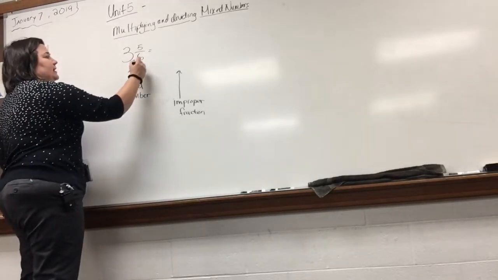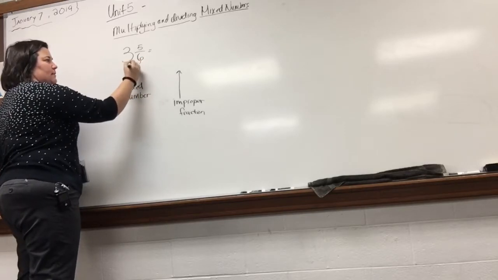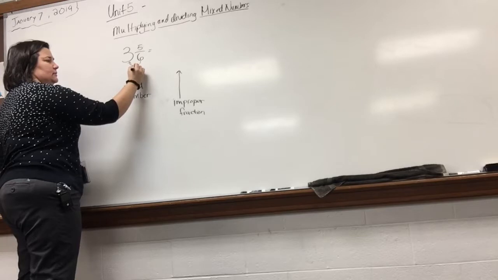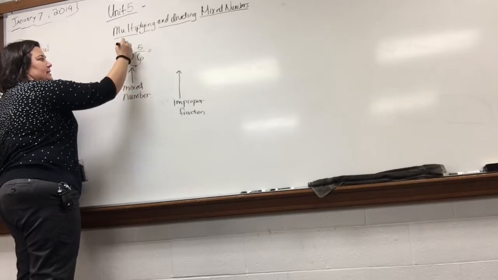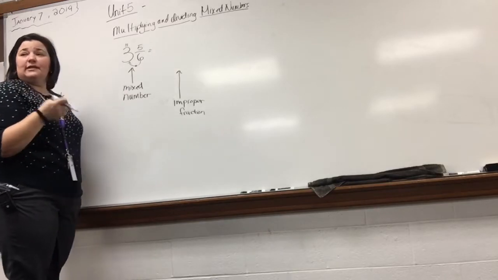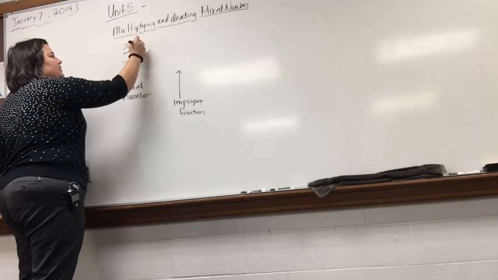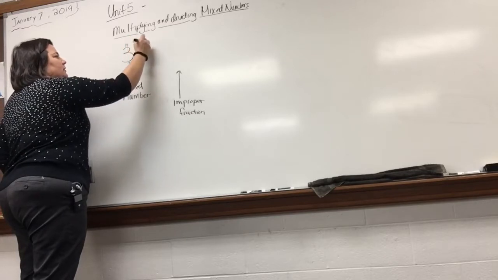We are going to take the denominator from the fraction, you multiply it by that whole number. So 3 times 6 gives us 18. We take the product of 3 times 6 and we add it to the numerator.